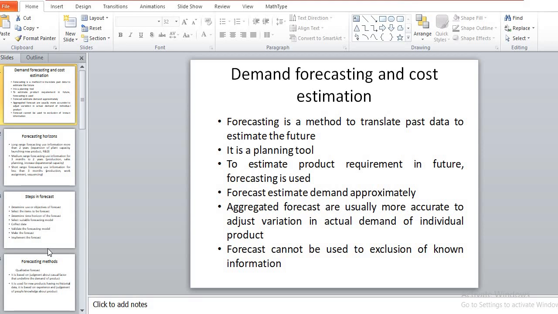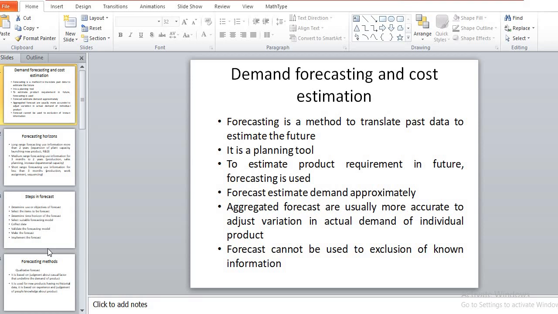There are two types of demand: dependent demand or independent demand. Dependent demand depends on the total or final product, and that particular demand we can forecast, and this forecasting is an approximate one.